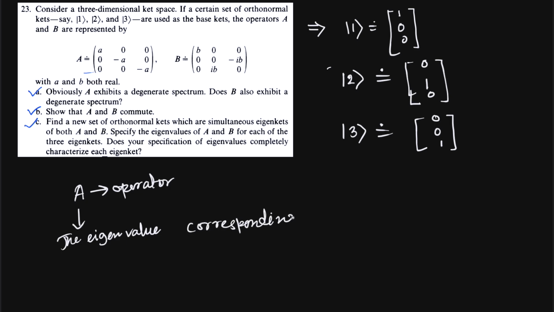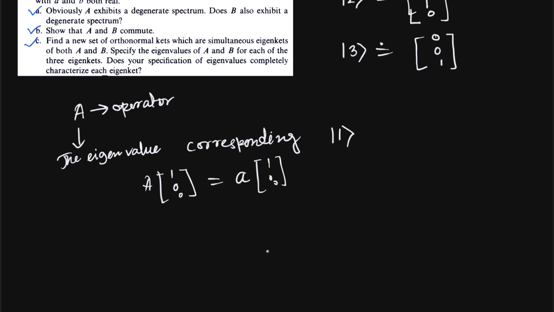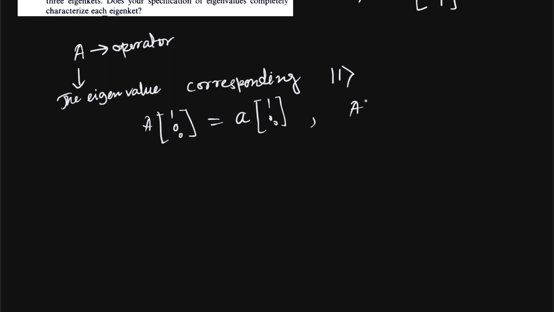So for the A operator, the eigenvalue corresponding to this eigenket is a, with eigenket (1, 0, 0).